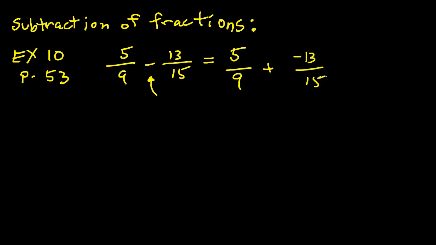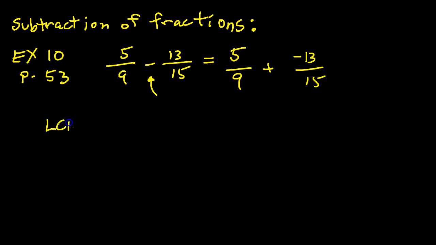All right, we still need a common denominator to add these fractions. All right, 9 and 15, right? What's the least common denominator of 9 and 15? I'm thinking it's 45. Let me write that down.